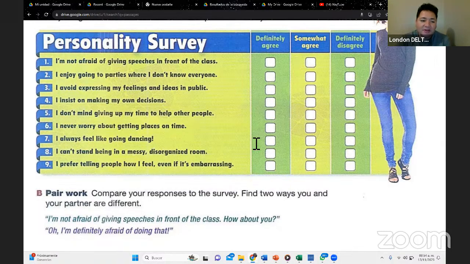Okay, let's see, number 9. I prefer telling people how I feel, even if it's embarrassing. How do you feel about this? Are you a frank person?